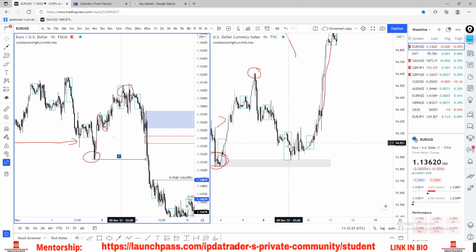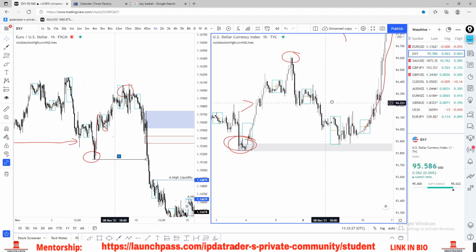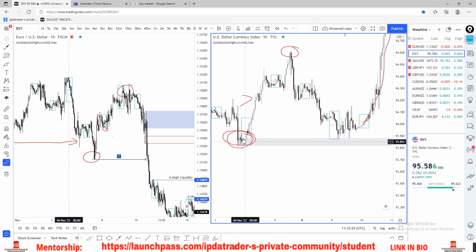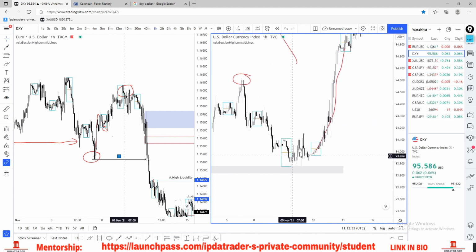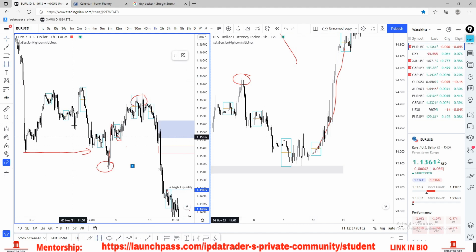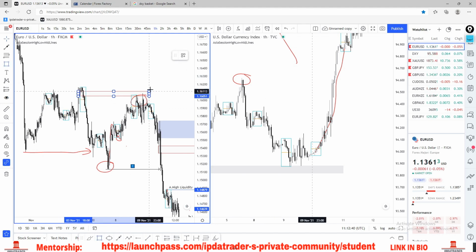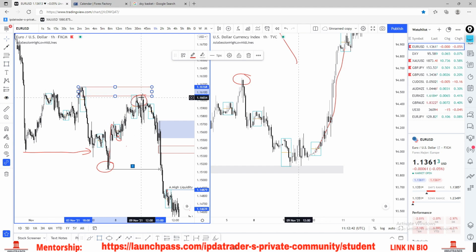So let's look at this example specifically. We can identify this point of interest, the DXY trades into that, and then you see the shift occurring over here, while let's say that the Euro USD is still working on this mitigation that actually occurred last week.